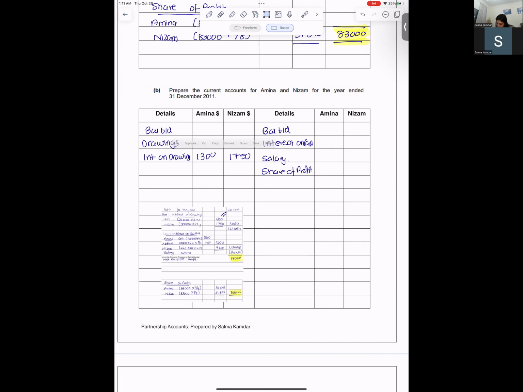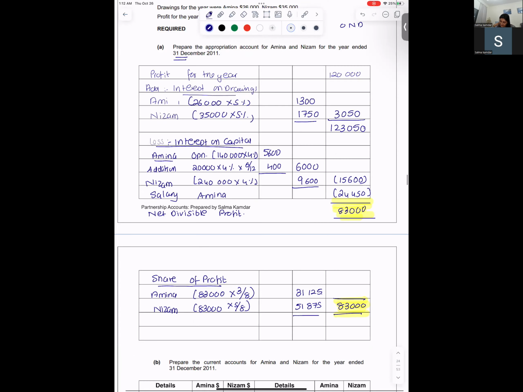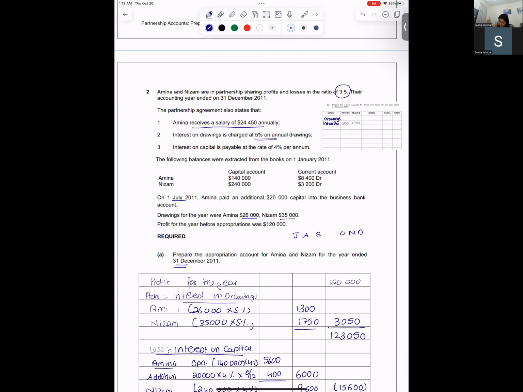Drawings we would get from the sum. Interest on capital is 6,000 and 9,600. Salary for Amina is 24,450 and share of profit is 31,125 and 51,875. Now I need the current account balance and drawings.